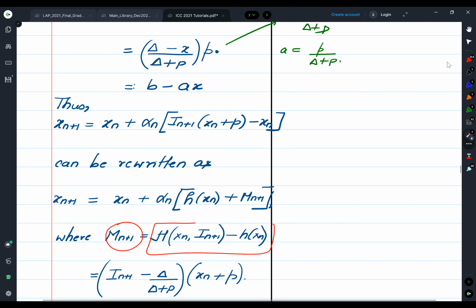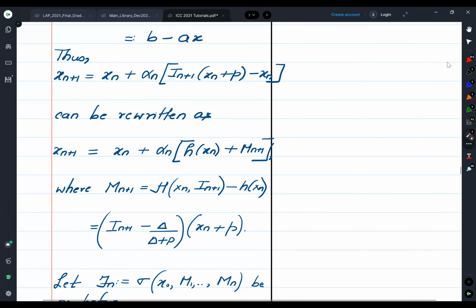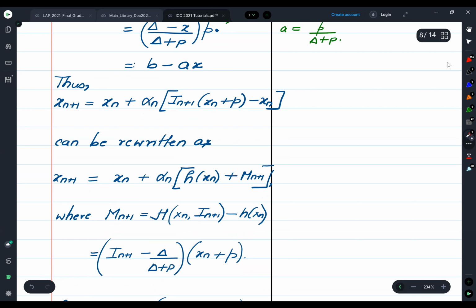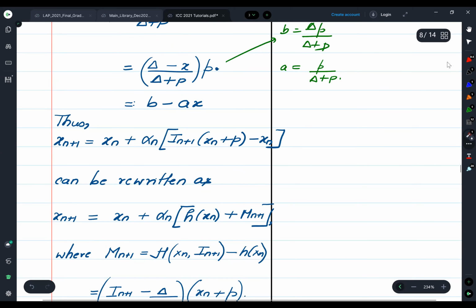By some simple calculations, you can show that mn plus 1 has the formula given here. The bottom line is that this algorithm is useful for estimating delta, and for the purpose of analysis I can write it in this form, where this little h is of the form b minus ax, and mn plus 1 has this form.